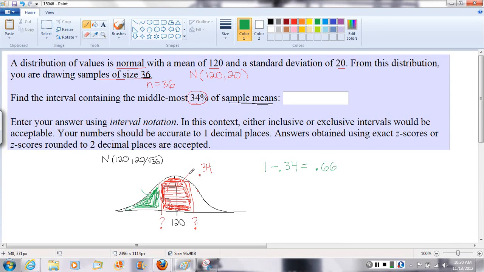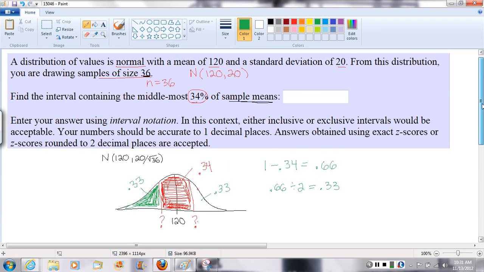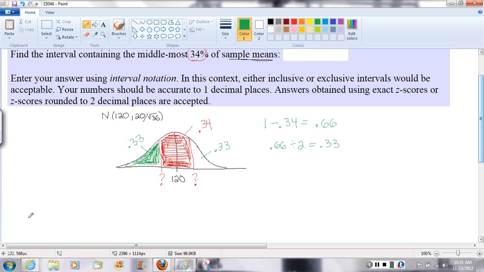This is the middle 34%, so this side must be equal to that. So if we divide that 0.66 by 2, we're going to get 0.33. That will be the area right here, and by symmetry, this area would also be 0.33. And you can just check and make sure they all add up to 1. If you add 0.33, 0.34, and 0.33, that'll all add up to 1, so that's good news.